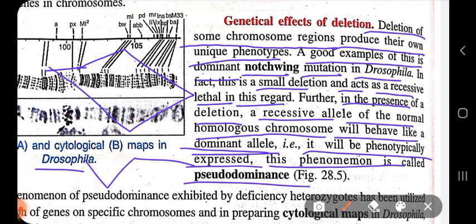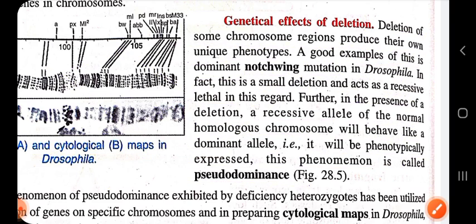But for a recessive allele to be expressed, two copies have to be present; it has to be in the homozygous condition. But in pseudodominance, only one copy of the recessive allele is getting expressed. That's why the recessive allele here is mimicking a dominant allele.